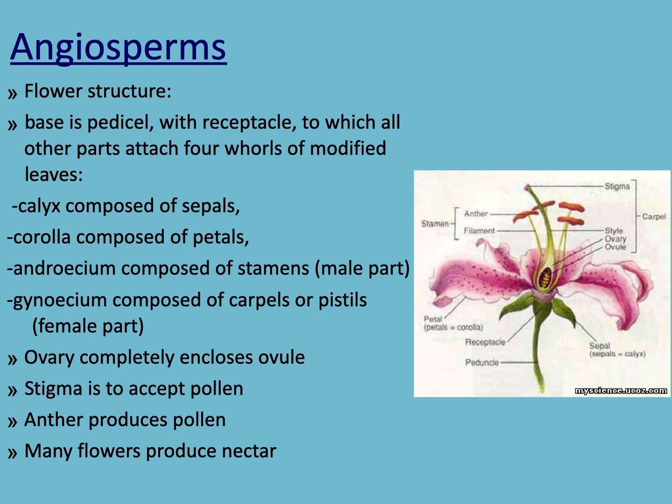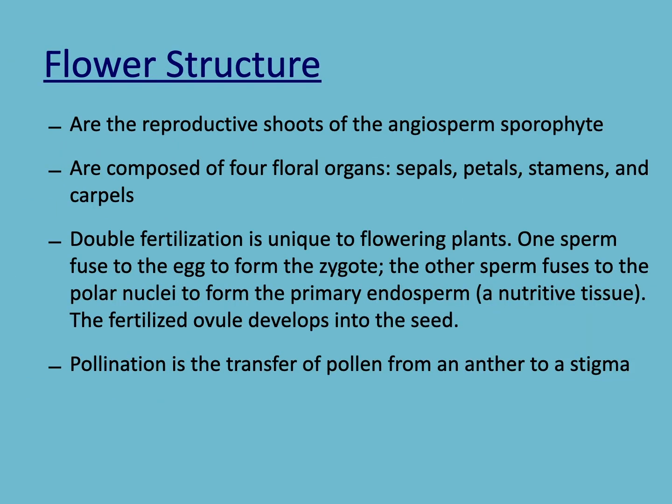A flower may have 1 or multiple carpels. If all 4 whorls, the calyx, corolla, androecium, and gynoecium, are present, then the flower is described as a complete flower. If any of the 4 parts is missing, the flower is known as incomplete.